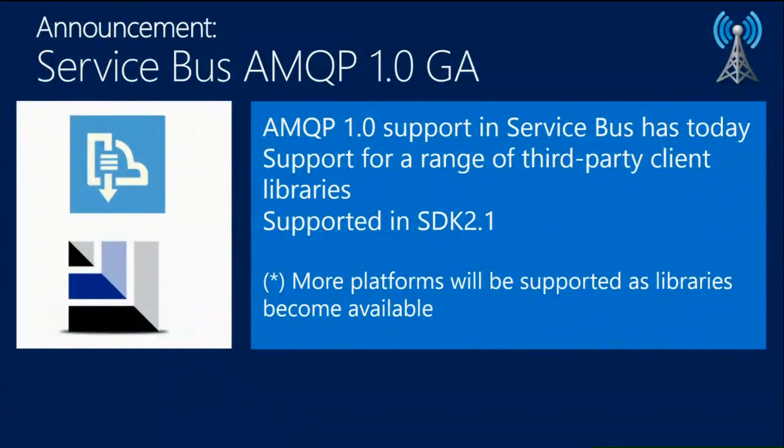So AMQP has been supported in Service Bus in preview form for a while, and now we have support for it in SDK 2.1 and also in Service Bus 1.1 for server. So that's now all coming in. AMQP is now officially supported on Service Bus, and we also have a proprietary protocol, because we had to start with something.